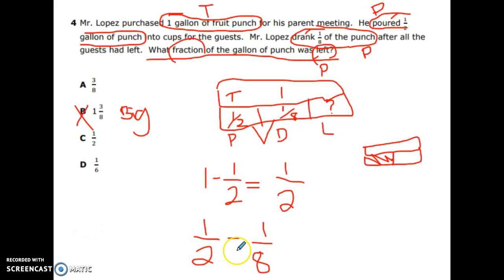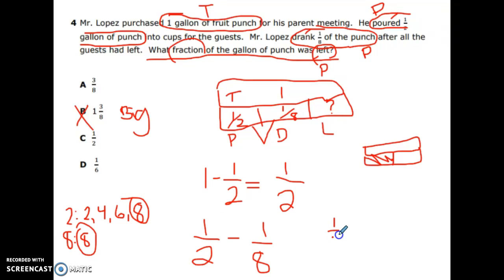Now I need to go ahead and say, oh, I don't have the common denominator, so I'm going to list my multiples of 2 and 8. And I'm going to say 2, 4, 6, 8. Oh, look at that. 8 is my common denominator.